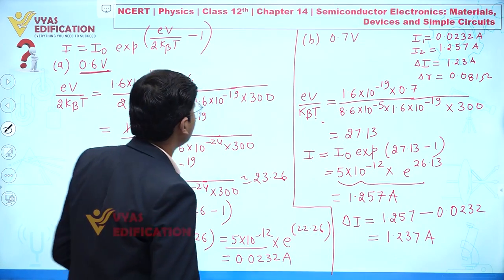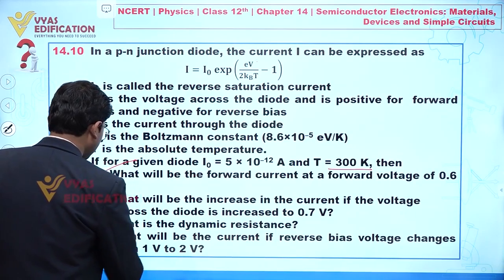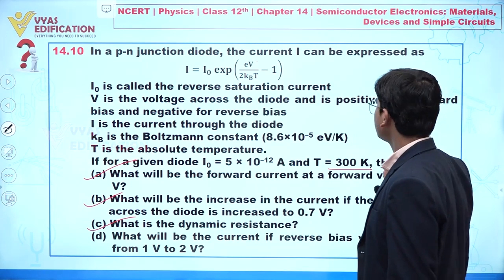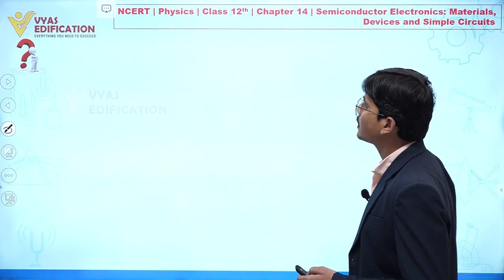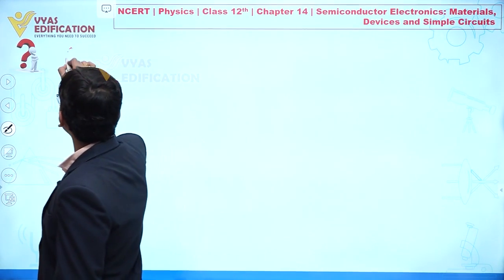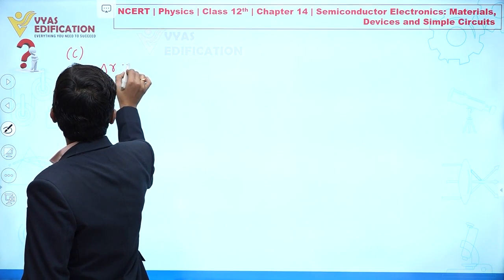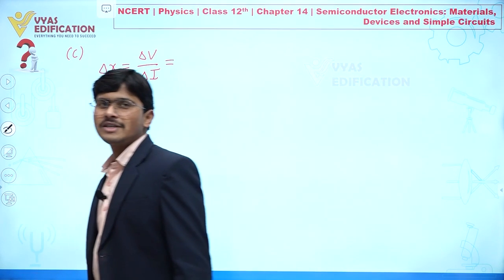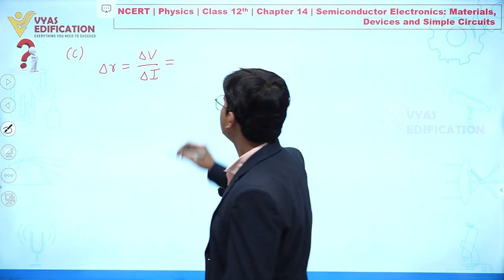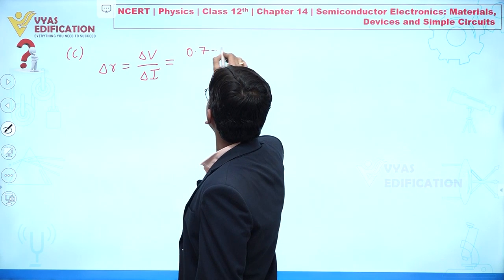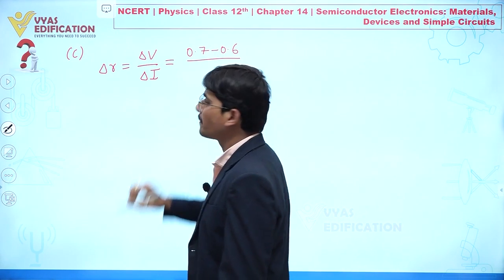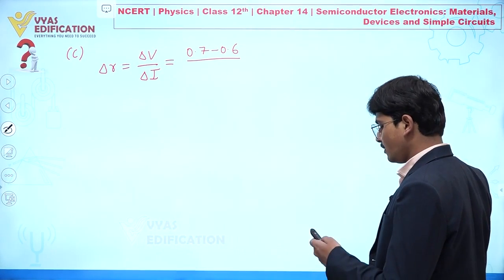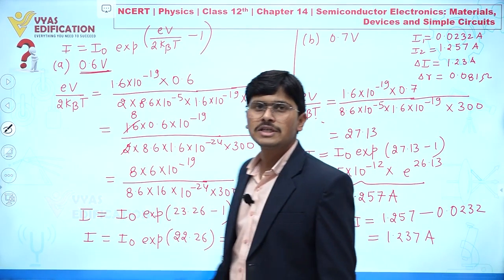Now the next question is asking what is the dynamic resistance. So my dear student, what do you understand by dynamic resistance? Dynamic resistance, we can say delta R, is given by delta V divided by delta I. Now what is the change in voltage? The change in voltage is 0.7 minus 0.6, divided by the change in current, which is 1.237 ampere.